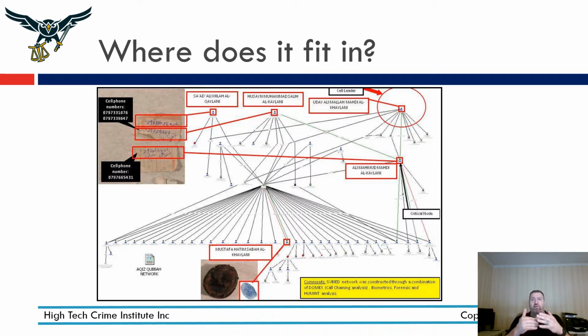Or we might be able to build an organizational chart based off of slips of paper or things that are written down amongst people, so that we can see basically the overall hierarchy of an organization.